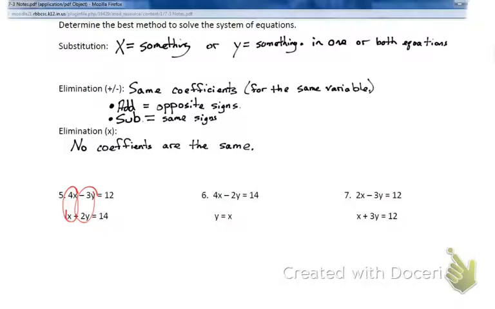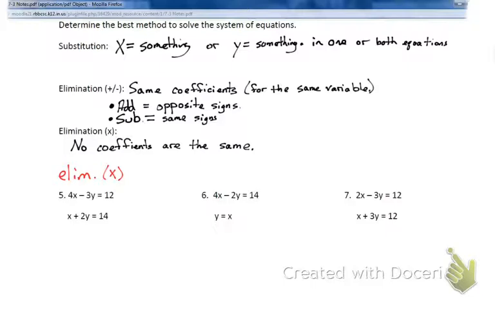You have a negative 3y and then a positive 2y. So this means that we're going to use elimination. I'm going to write this above. I'm going to abbreviate things. Elimination using multiplication. Little parentheses there is for multiplication. So we're going to solve this one using elimination with multiplication.